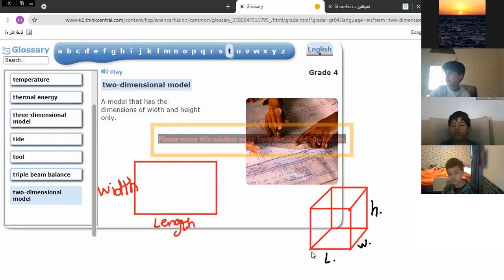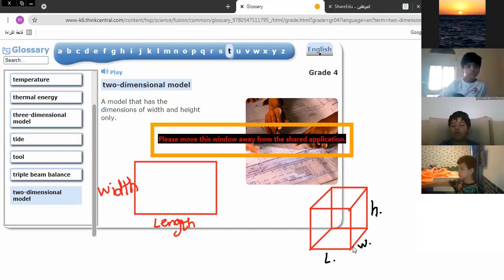Especially height. So we have length. Can you point at the length in the room? Your room's length. This is length. Where is the width? This one. Okay, where is height? Height, it's the height of the room. Yeah, from the ground to the ceiling or the roof.